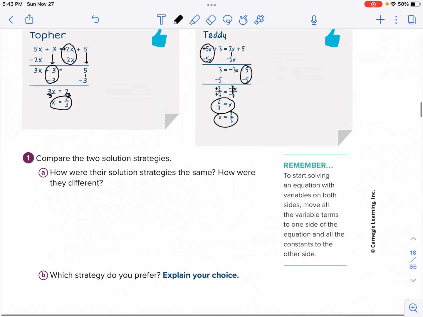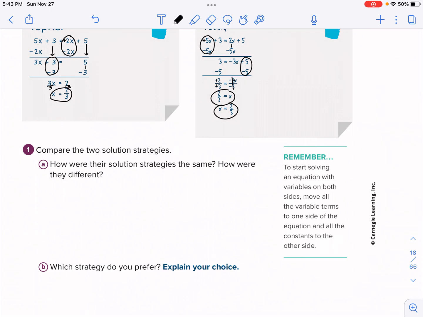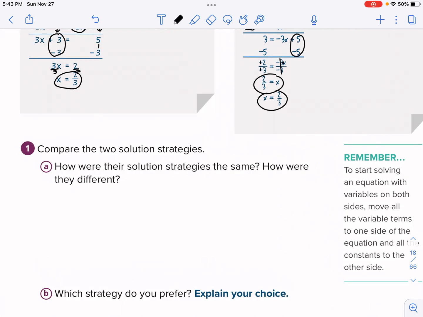Let's just put this into writing. How were the solution strategies the same, and how are they different? They still performed inverse operations to both sides. I'll put OP to both sides. Right, inverse means opposite.